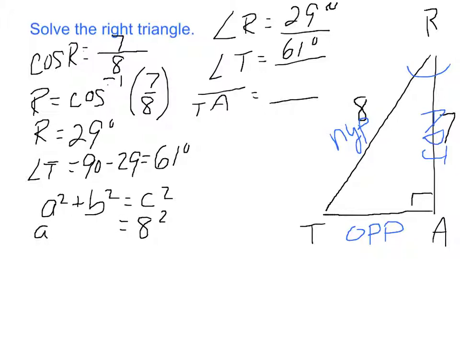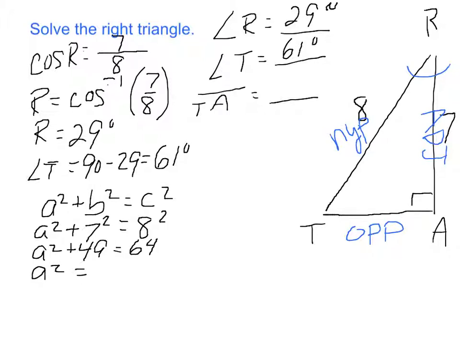We'll say my first side that I'm trying to find is TA, so I'll leave the a there. My second side, RA, is 7. Square the 7 and the 8 to start solving this equation. 7 squared is 49. 8 squared is 64. I'm going to subtract 49 from both sides.